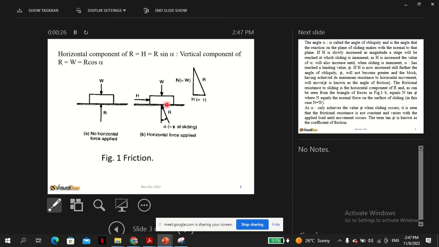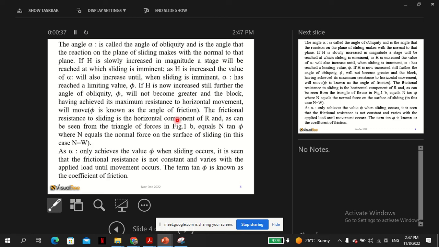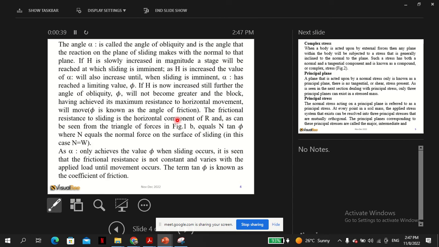So when the block is just about to move, this angle has increased to the limiting value phi. That should be clear. So alpha has reached a limiting value phi.